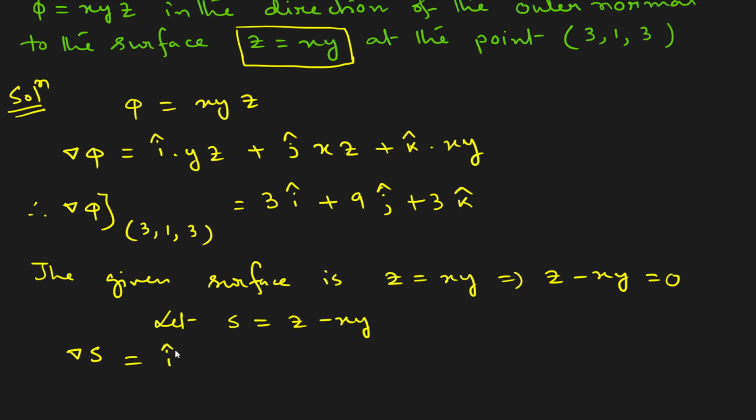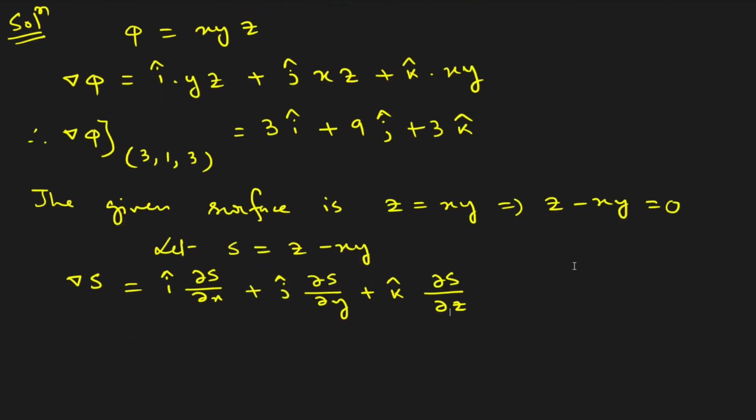So it will be i cap del S by del x, j cap del S by del y, and then k cap del S by del z. So del S by del x, we will differentiate this with respect to x, and you will get minus y.